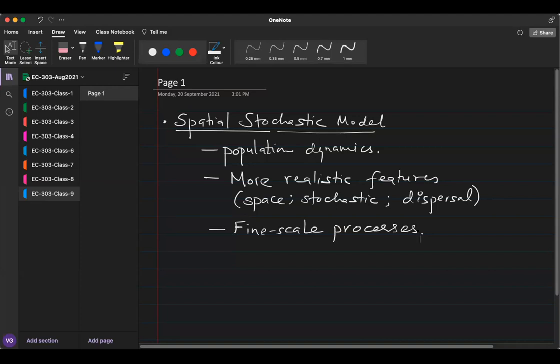Whereas when we constructed models like the logistic model, Allee effect model, or harvesting model, what we were doing was trying to write down population level descriptions. Whereas here we are really writing down rules of birth and death at the level of individuals. So they are actually individual level rules, right?